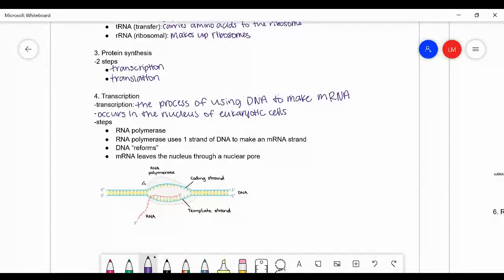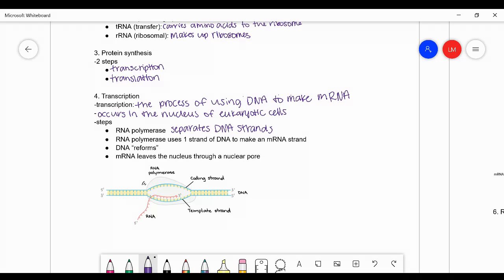So a couple of steps here. First, an enzyme called RNA polymerase separates DNA strands. So that enzyme comes along and it's going to open up that double helix.